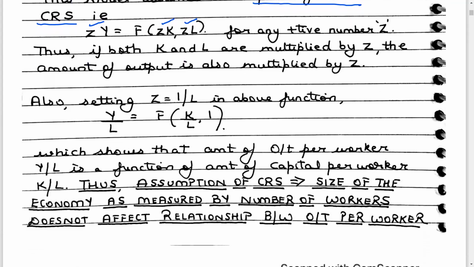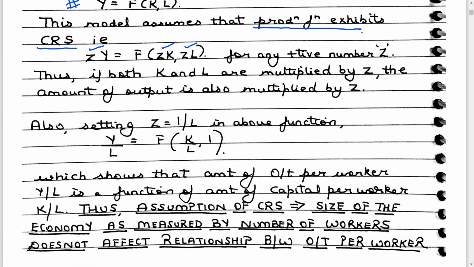Since the production function has constant returns to scale, we have learned in the homogeneity and homotheticity lectures of mathematical methods for economics that it is homogeneous of degree 1.